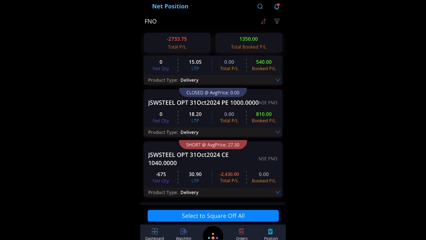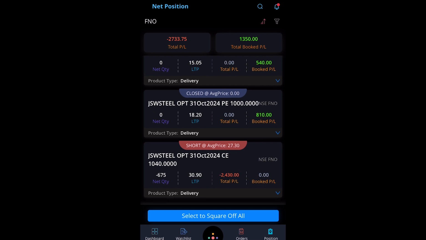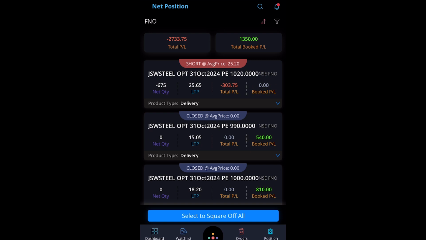I already had this holding, the 1040 call which I sold. Now this was in negative. It crossed 28, 29. So I gained profit in the put which I sold at 1000. Then I sold a put for 990 after taking the profit at 110, 540.